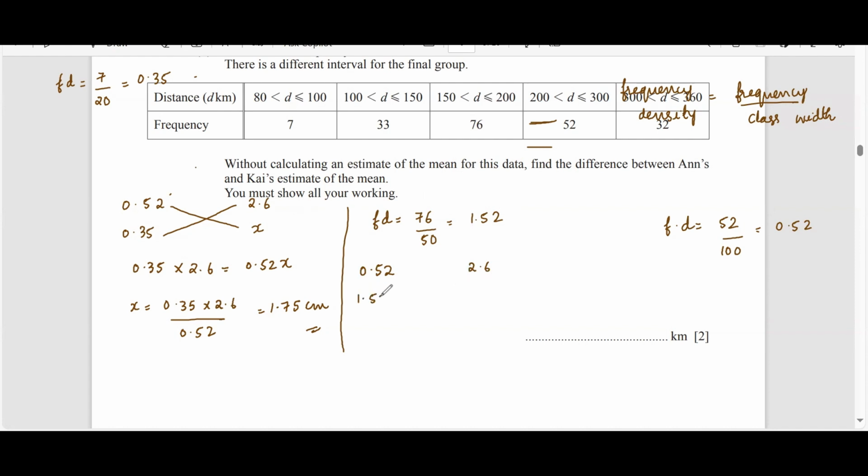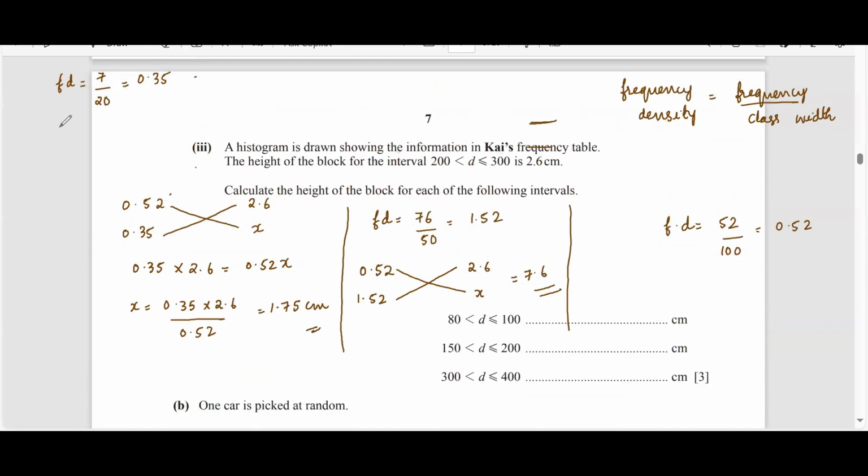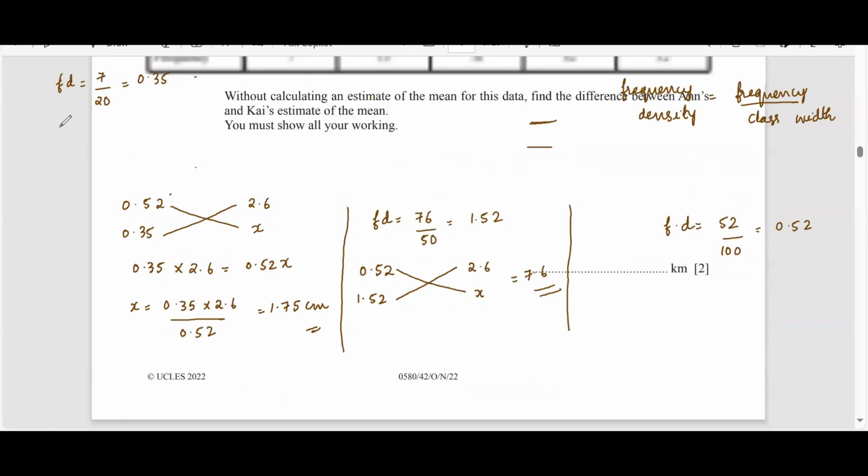So 1.52 frequency density, what will be its centimeter in histogram? Cross multiplication. This is basically 1.52 multiplied by 2.6 divided by 0.52. You'll get it as 7.6. And finally, the last interval they are asking is 300 to 400.